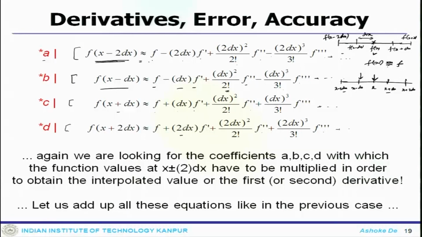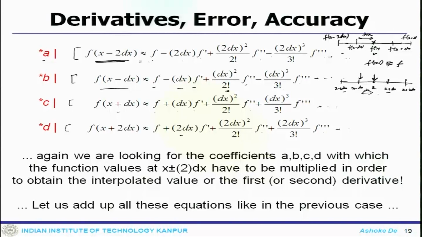And this one is multiplied with d. So essentially I want to find out the derivative, and I have adopted points, 2 points behind that particular point and 2 points ahead of it, and all of them differ by a distance dx from the preceding one.